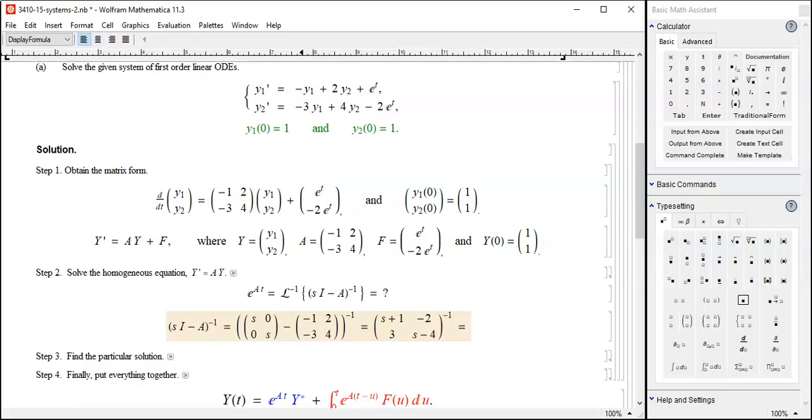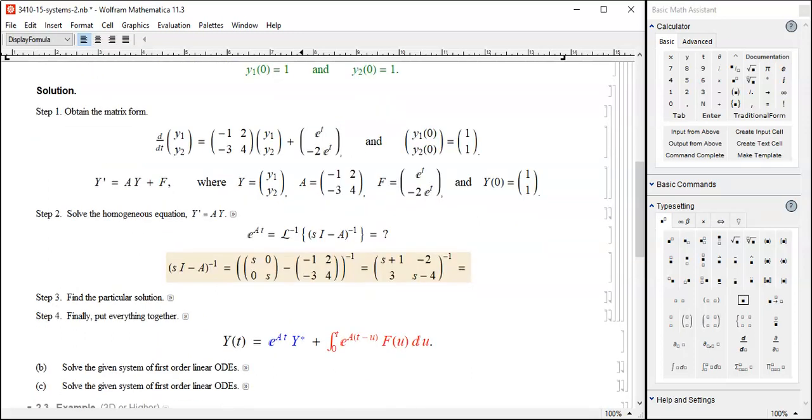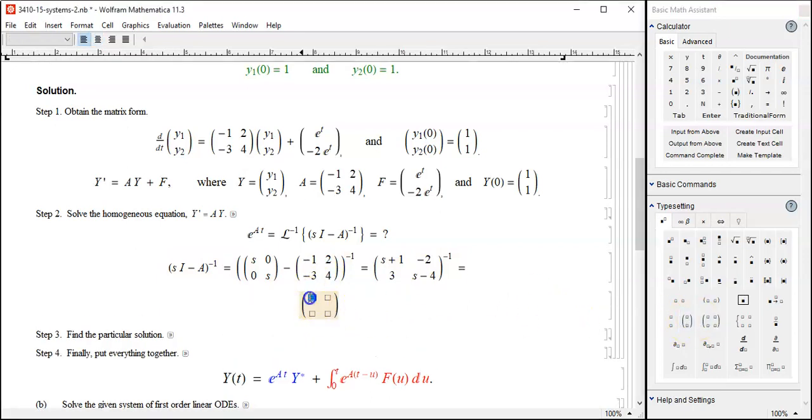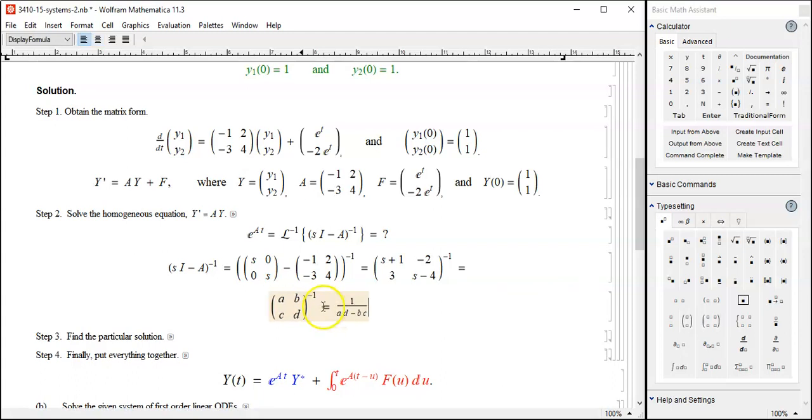How do I find the inverse matrix of a 2 by 2 matrix? I hope everybody remembers this formula. A, B, C, D. This one is 1 over AD minus BC, the determinant.